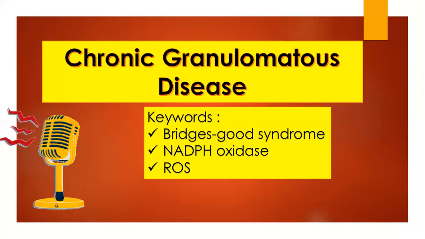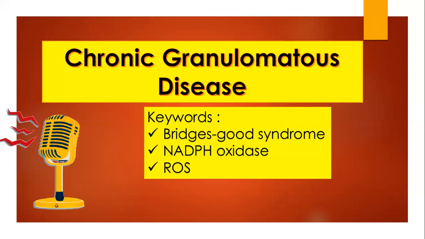And this ROS, the reactive oxygen species, is the key molecule for the destruction, for the killing of the microorganism. Without the ROS, the phagocytes can only engulf the microorganisms, but they cannot totally destroy them. They cannot kill the organism because they lack the enzyme NADPH oxidase, which is very essential for the formation of reactive oxygen species.